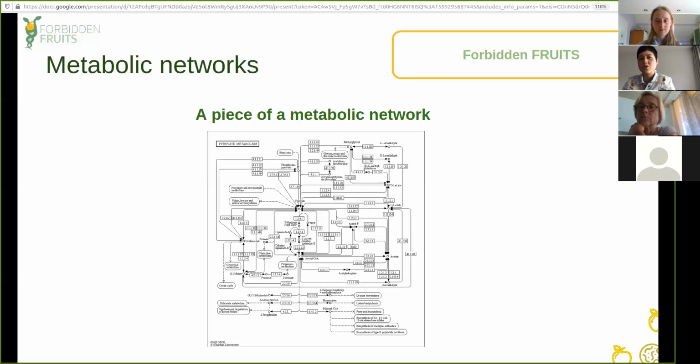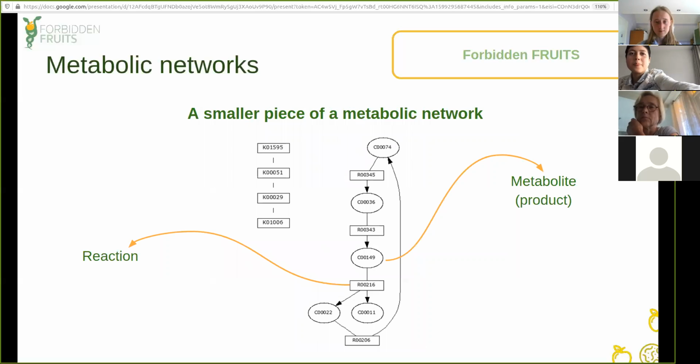But we still don't know why the word metabolic is in there. So let's dive even deeper, and we find a smaller piece of a metabolic network. As I said earlier, the big network represents all the chemical reactions that occur inside a living cell.